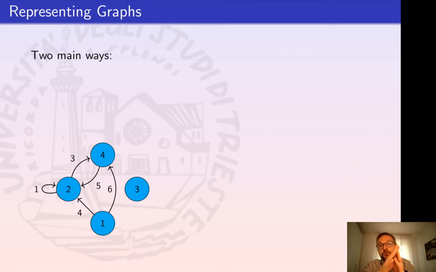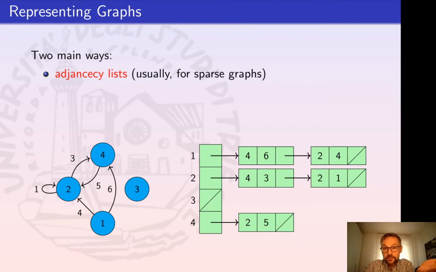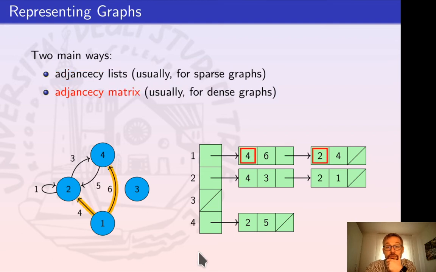So how can we represent a graph? As usual, we have two main ways. The first one is the adjacency list, as already said for sparse graphs. But in the adjacency list, we not only need to specify which nodes are reachable by using one single edge, we are also required to specify the value of the labels. So in this case, for instance, we are moving from 1 to 4 along an edge whose weight is 8.